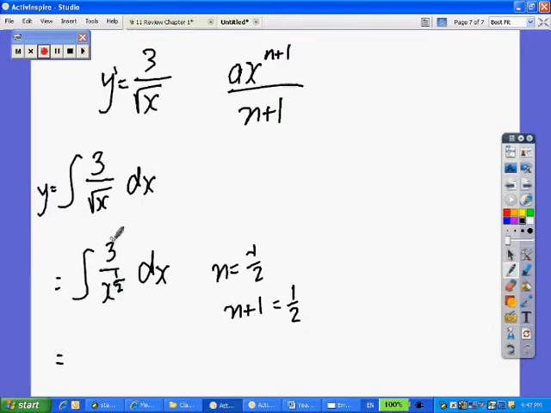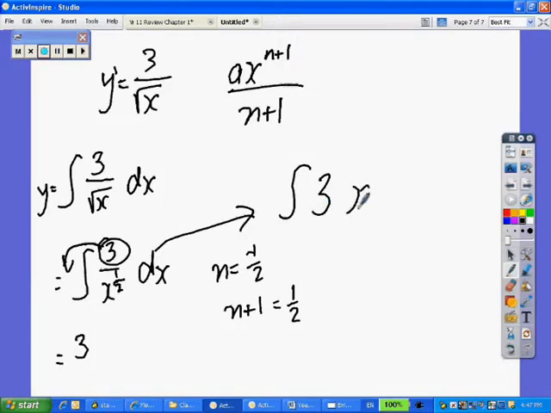This is something that we didn't talk about. We can bring any constant out front. Anytime we have a number that's a constant, and in this case that 3 is going to be a constant because it's the coefficient, we can rewrite this thing like that, just to get it all out there.